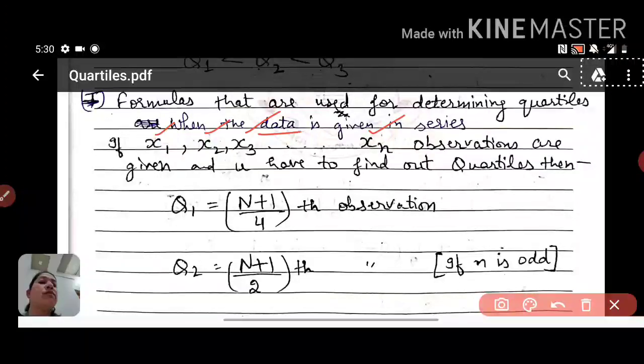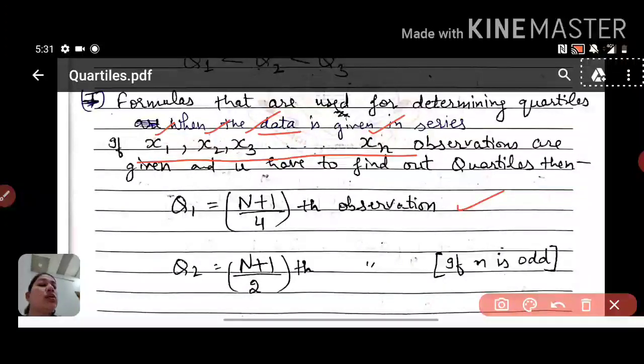For quartile 1, you can use the formula (n plus 1) by 4th observation. Here n is the number of terms, or number of items, in the series. In that series n number of items are there, so you have to put the value of n here.